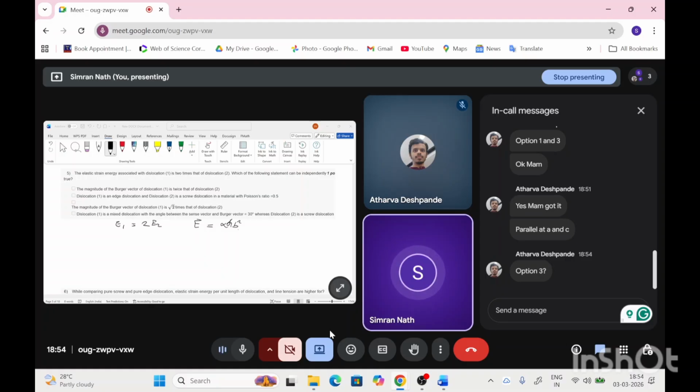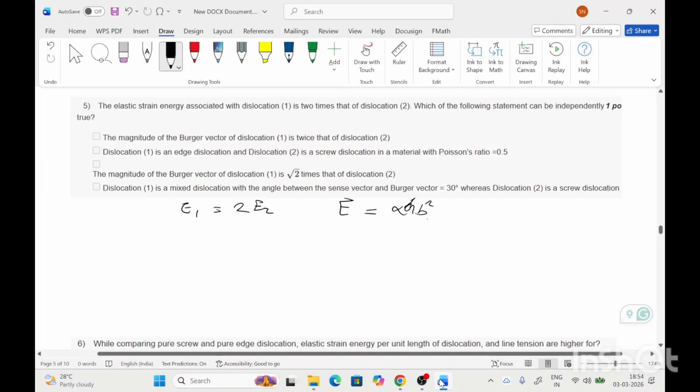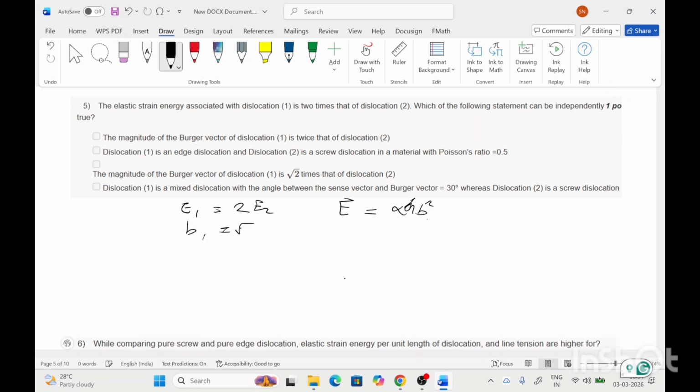And one more option is correct here. Let's see, yeah. So b1 equals root 2 times b2.